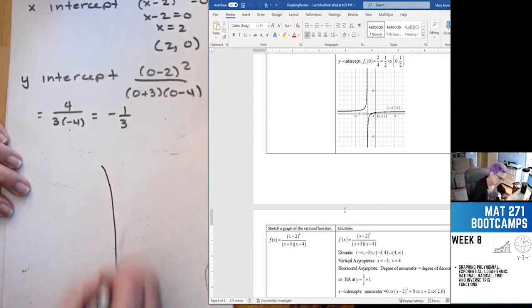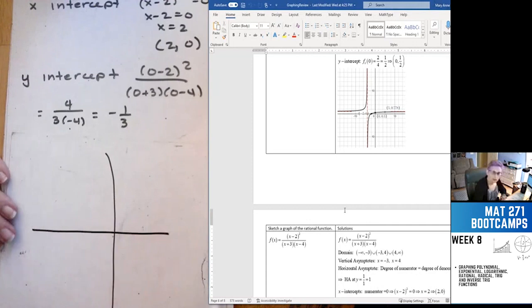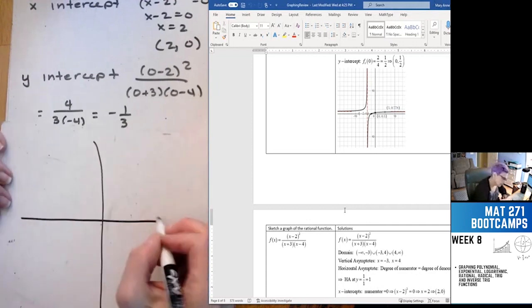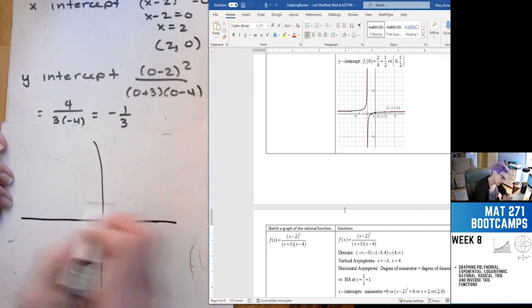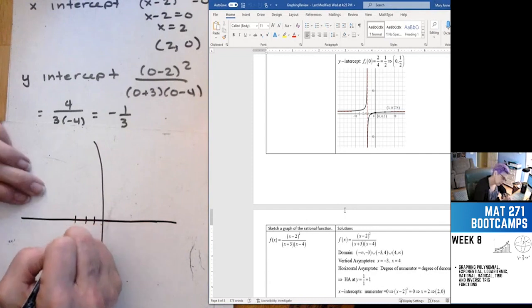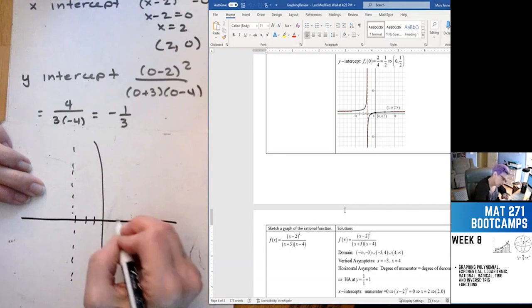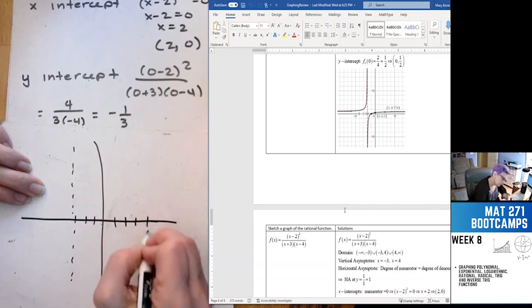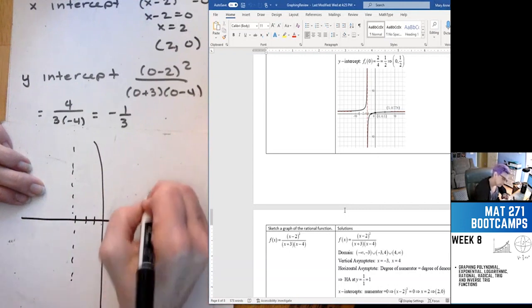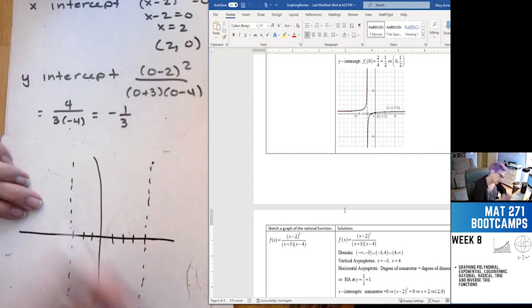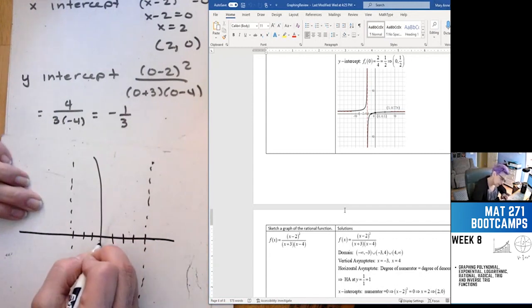So now I just dash in my asymptotes. I have one at negative 3. I have one at positive 4. I cross the axis at negative 1/3, the y-axis.